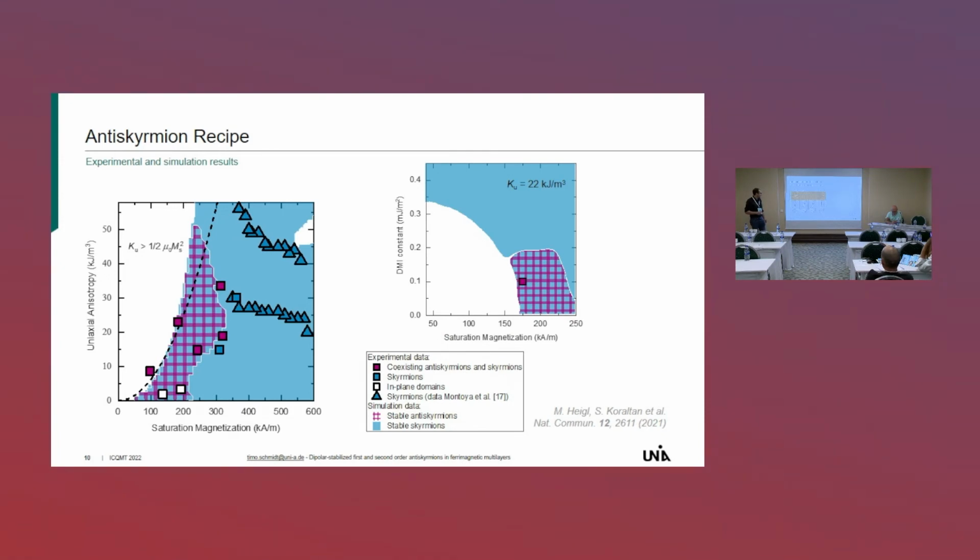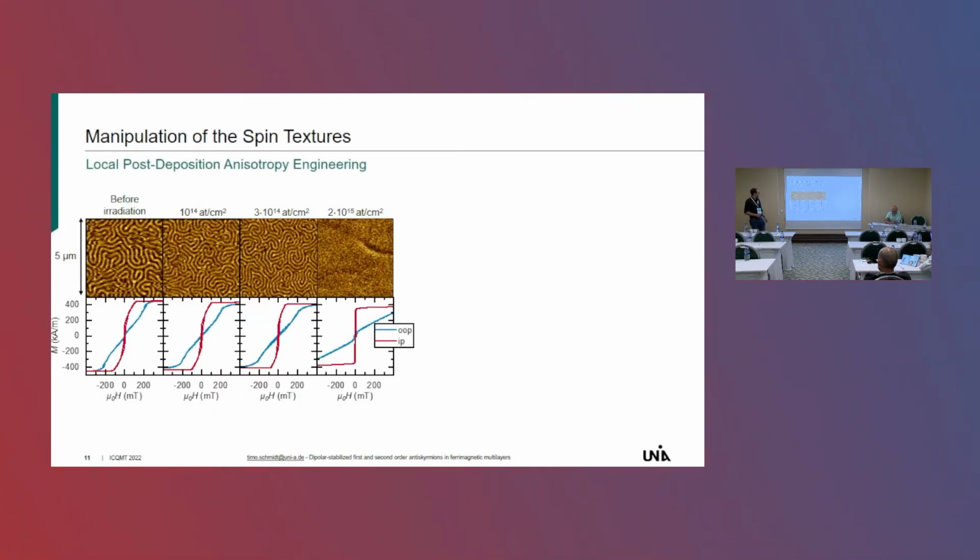And the answer is yes, we try to do that with local post-deposition anisotropy engineering. The idea is that we irradiate our films with helium ions. You can see from the MFM pictures that before irradiation, you have the labyrinth domains you would expect from your films. With a higher dosage of the helium irradiation, you get a little bit more fuzzy.